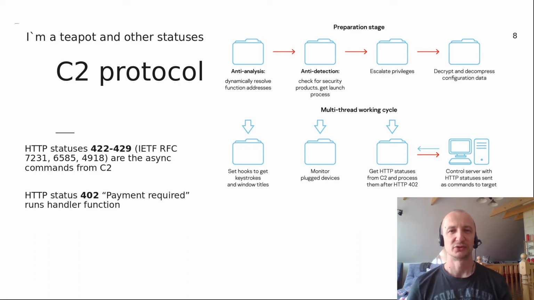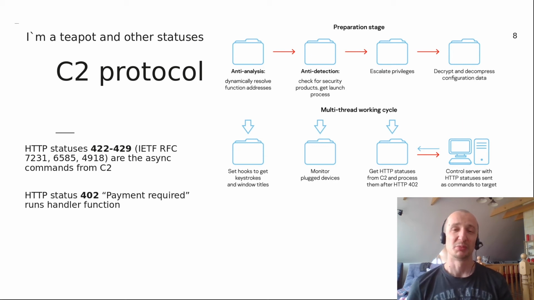And regarding the 402, they work with such commands in an asynchronous way. So they keep a flag. Okay, now I received 422, now I received 429, but the handler function, the execution of the corresponding function, would wait until 402 Payment Required is received.